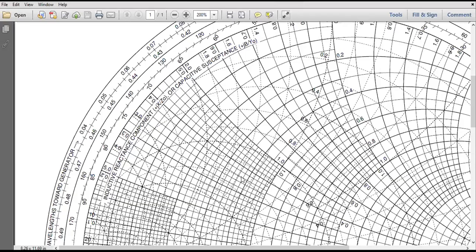I'll show you here. You can see the multiple circles are there.